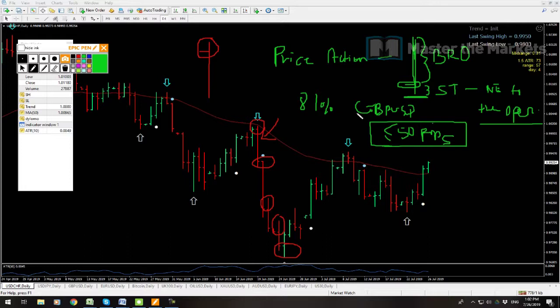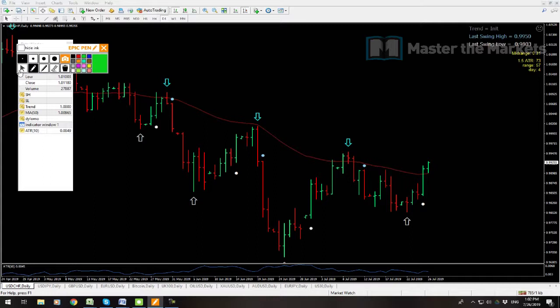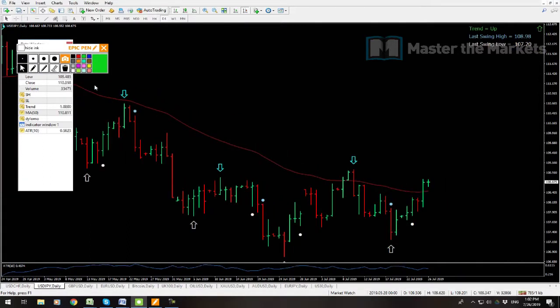Now you can ask, okay Tiru, this is all good and fascinating, but how do we apply it to the strategies? Some of you may have already figured it out by now, but let me explain. Let's go to dollar yen. Let me blank this one out and this one out.